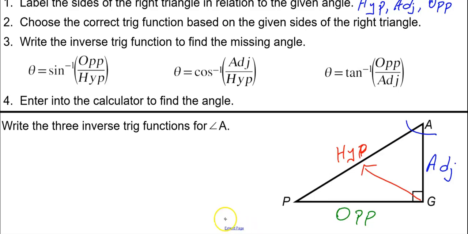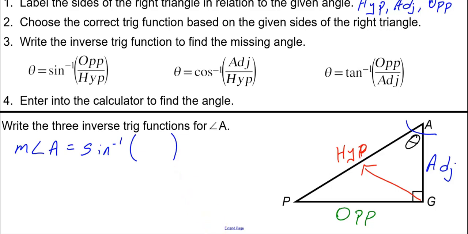Okay, so my three trig functions to find angle A. The measure of angle A, or theta. Angle A is my theta because that's my unknown value. So the measure of angle A is going to be inverse sine. And then we are going to do opposite over hypotenuse.